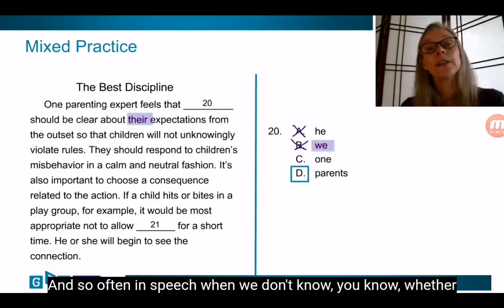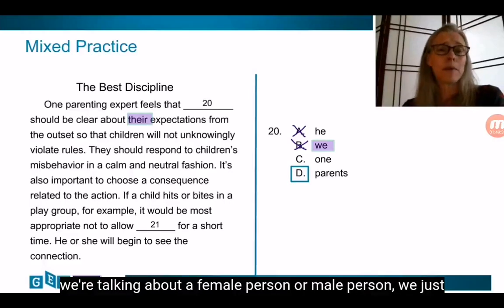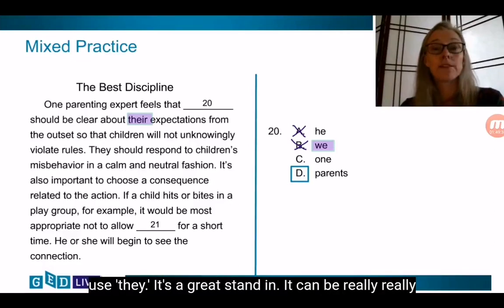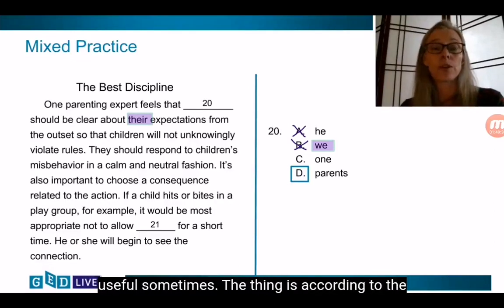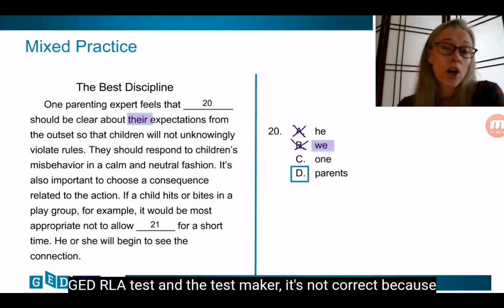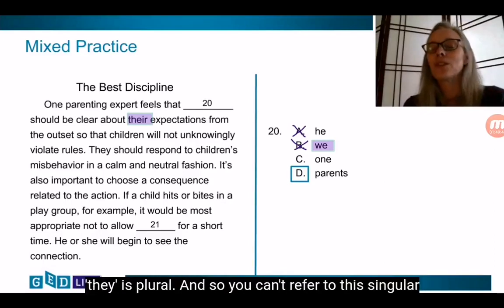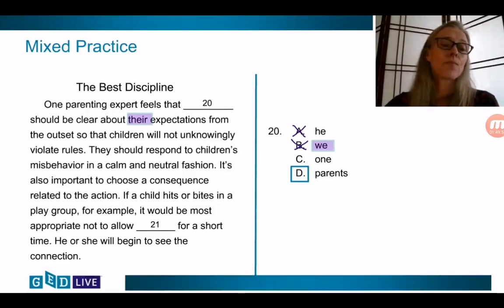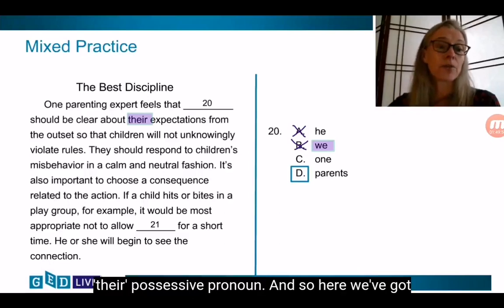And so often in speech, when we don't know whether we're talking about a female person or a male person, we just use "they." It's a great stand-in. It can be really, really useful sometimes. The thing is, according to the GED RLA test and the test maker, it's not correct because "they" is plural, right? And so you can't refer to this singular "one" with a plural "their" possessive pronoun.